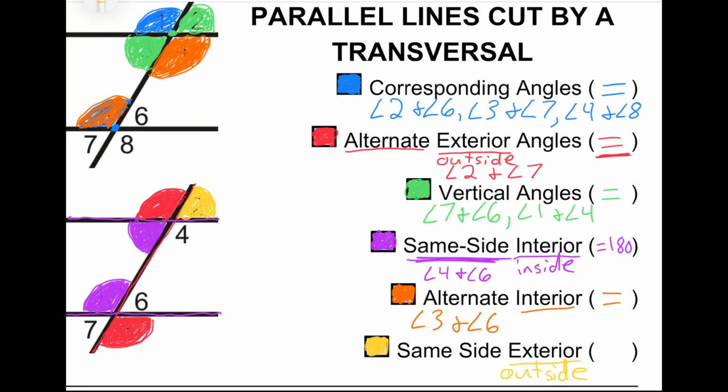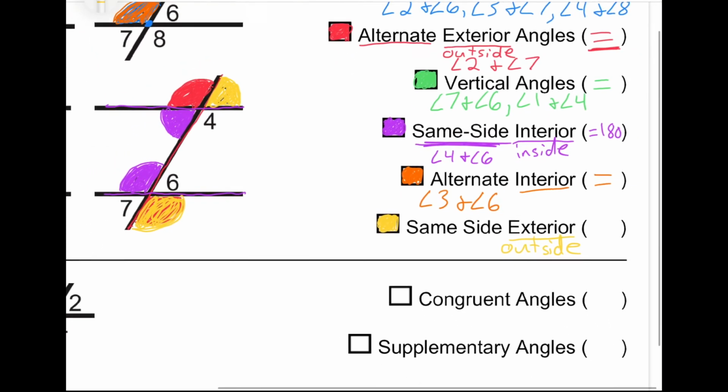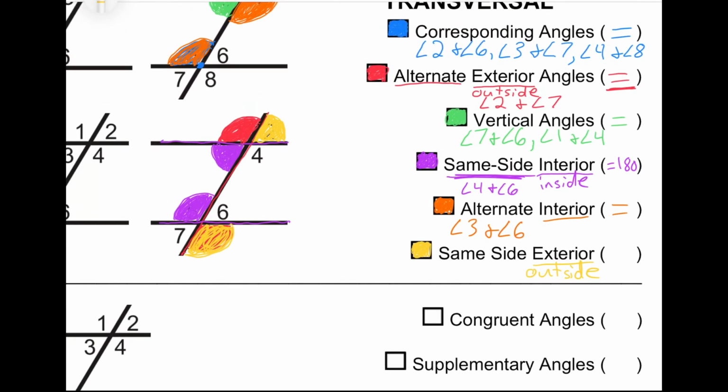And the same side of the transversal would give us angle 8. Another example of this would be angle 1 and angle 7. And these are going to be supplementary, meaning equal to 180.